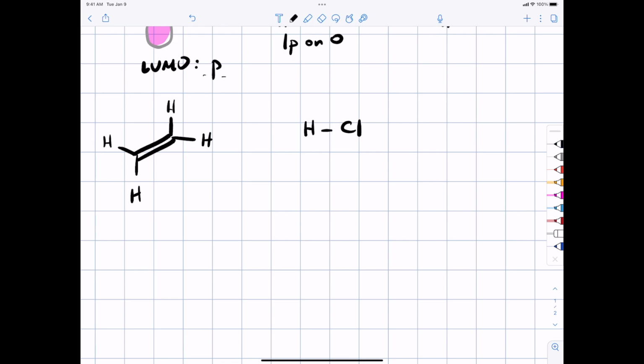I will tell you that HCl is the electrophile. It's a dead giveaway because it has acid in its name, and electrophiles are Lewis acids. And the alkene is your nucleophile. What is the HOMO of this alkene? The pi bond, right?